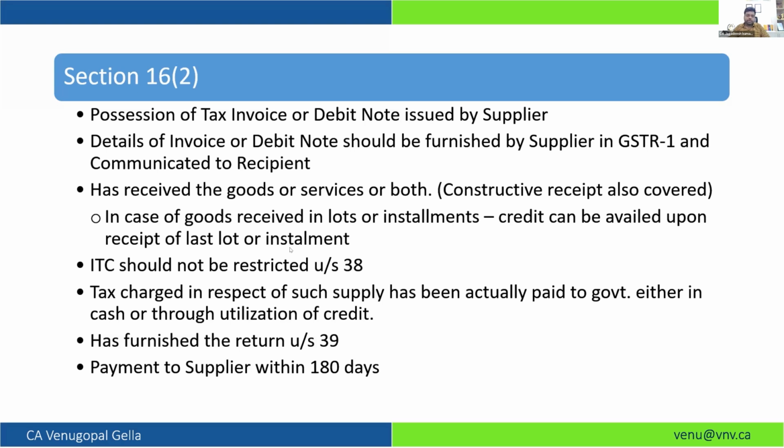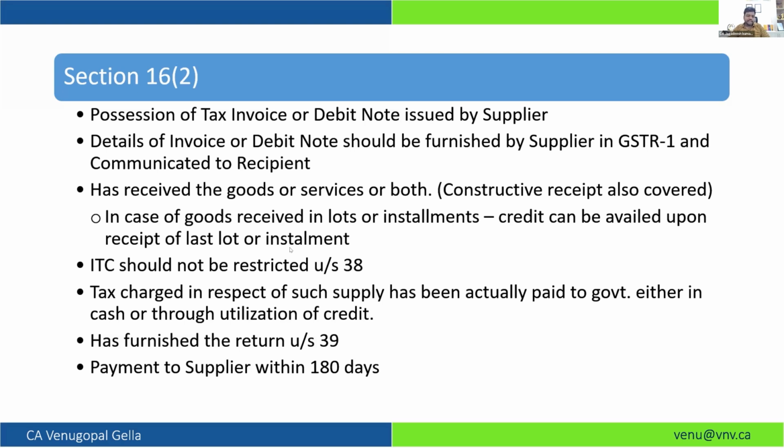Before that, he cannot avail the ITC. Let's take an example. If the first lot has been received on 31st March and the last lot has been received on April 5th, in that case, I can avail the ITC in the April return only, not in the March return.